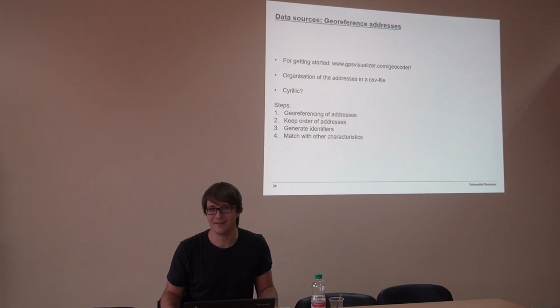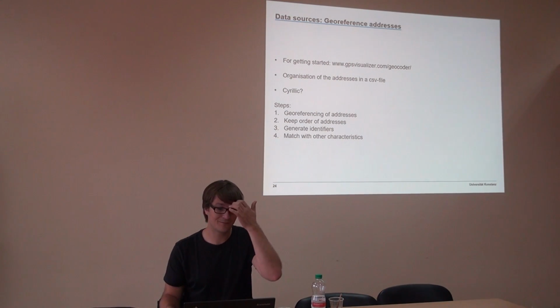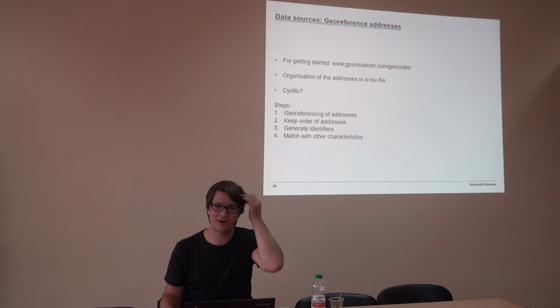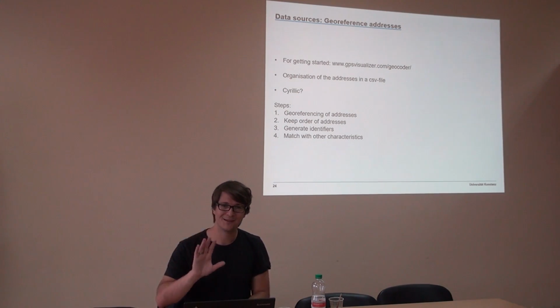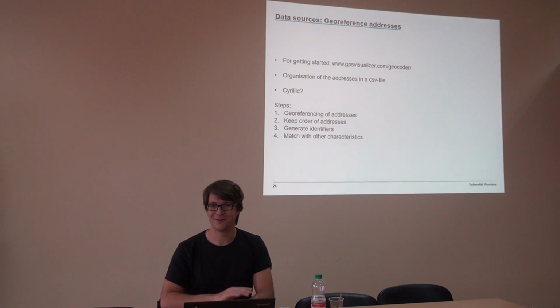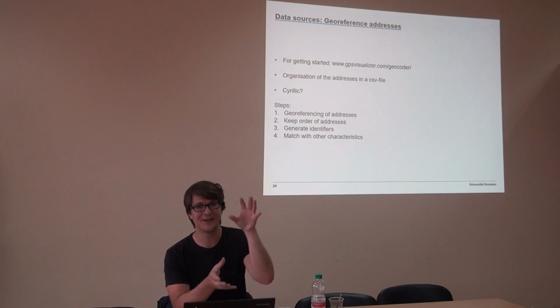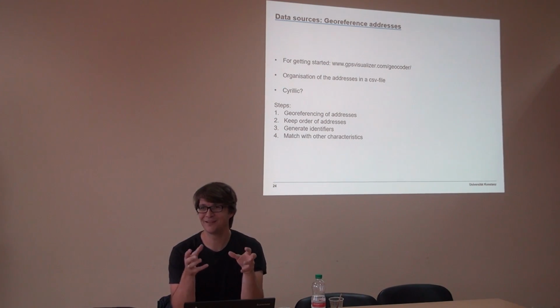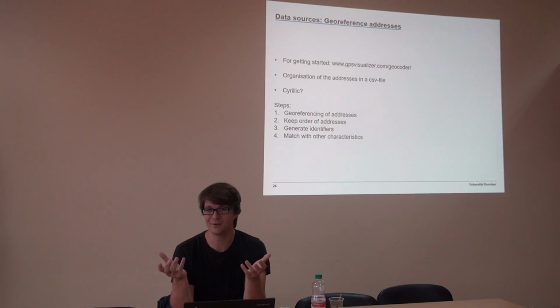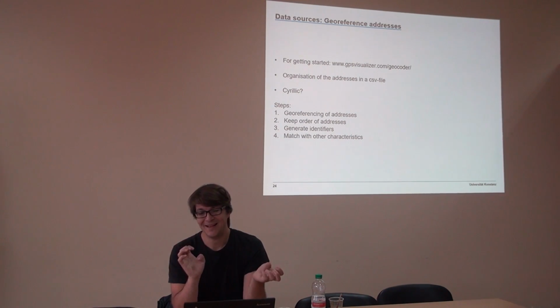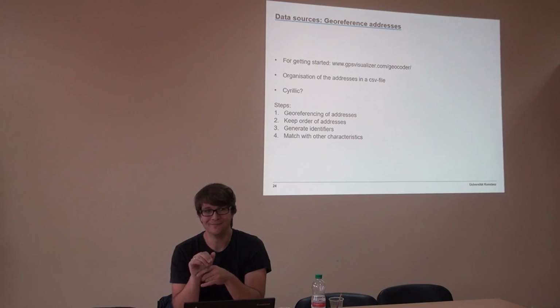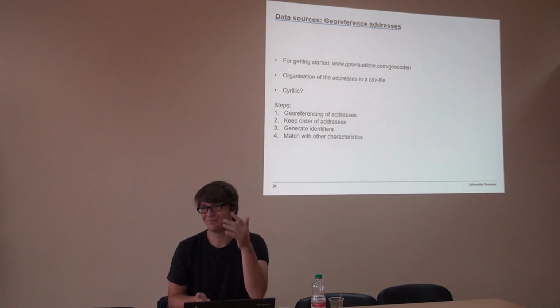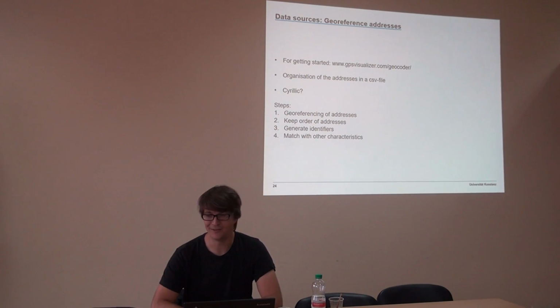The problem is that when you georeference your addresses, you can't have additional information, because they would think, okay, this is part of the address. And so you have to generate an identifier afterwards. So it's all about the order of these addresses, but this is probably not so complicated.